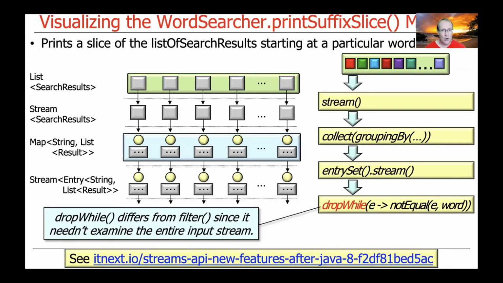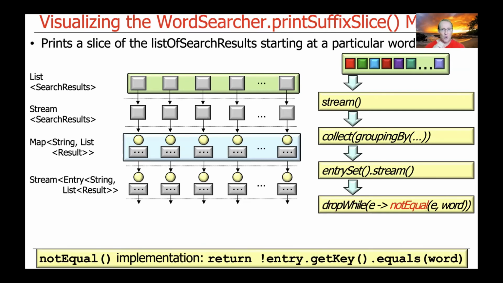As we saw earlier when we talked about filter, dropWhile differs from filter since it doesn't examine the entire input stream. It stops once the predicate no longer matches. And the predicate here is basically we're going to keep dropping while the word that is the key in the stream doesn't equal the word that we're looking for.